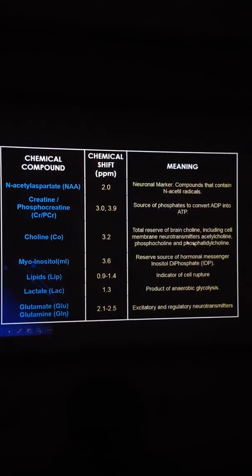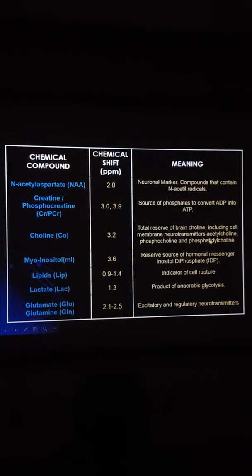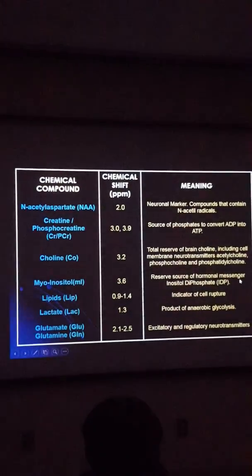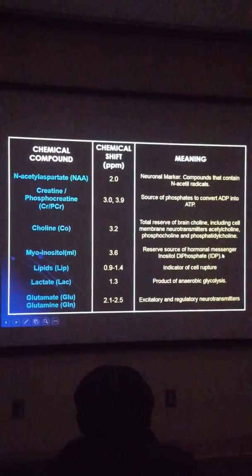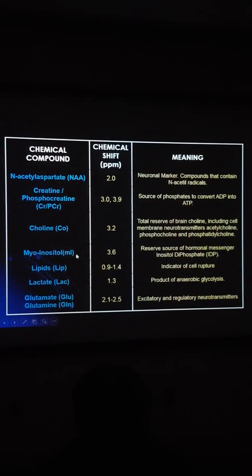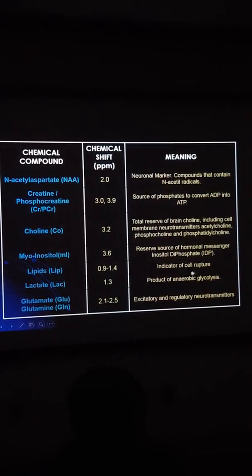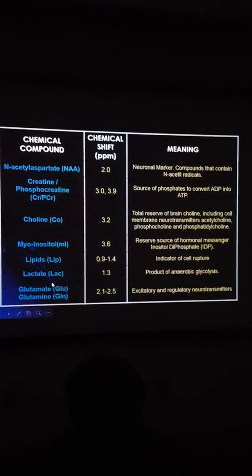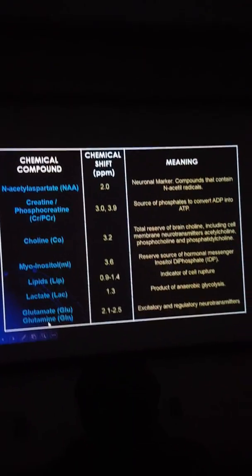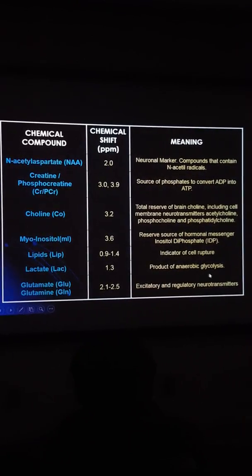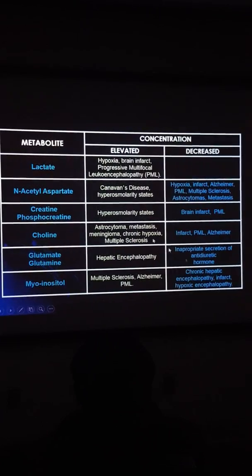Choline is going to be related to cell membrane health, myoinositol related to white matter, myelin sheath. Lipids is an indicator of cell rupture, lactate, anaerobic glycolysis. Glutamate and glutamine, these are excitatory neurotransmitters that are going to be abnormal in certain conditions.